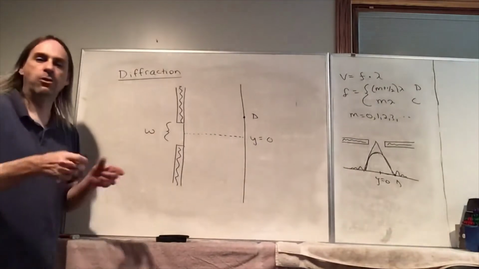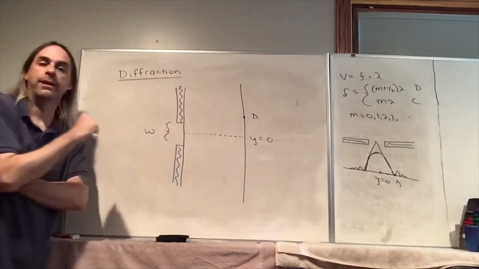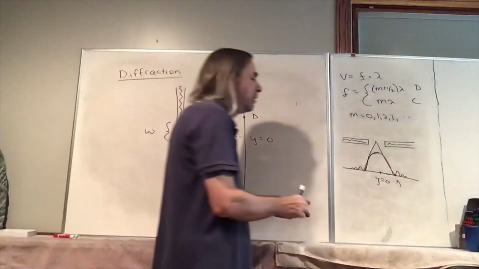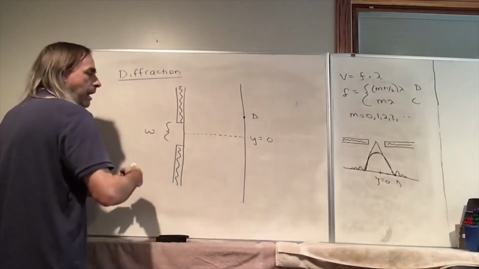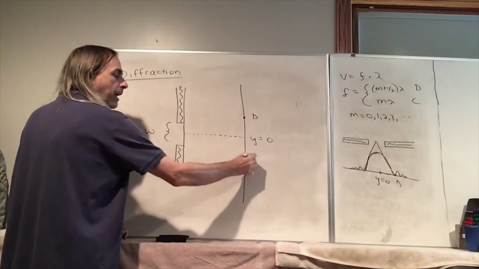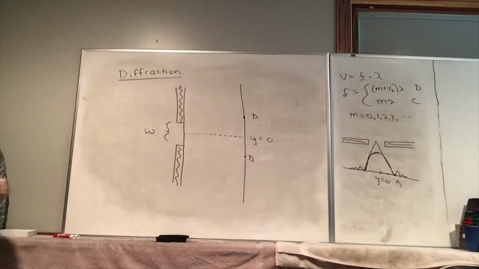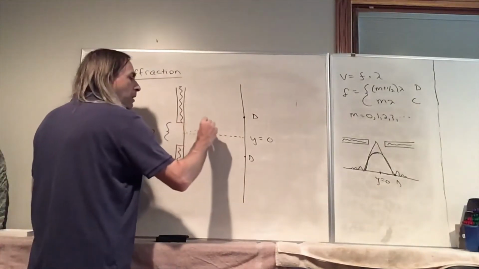What we'd actually be looking at is like a cone coming from this opening. And we can see that most of the energy is directed in this cone that's defined, but there's another D on the other side. Another point where we get destructive interference. So the light spreads out, but most of it is directed along this cone.